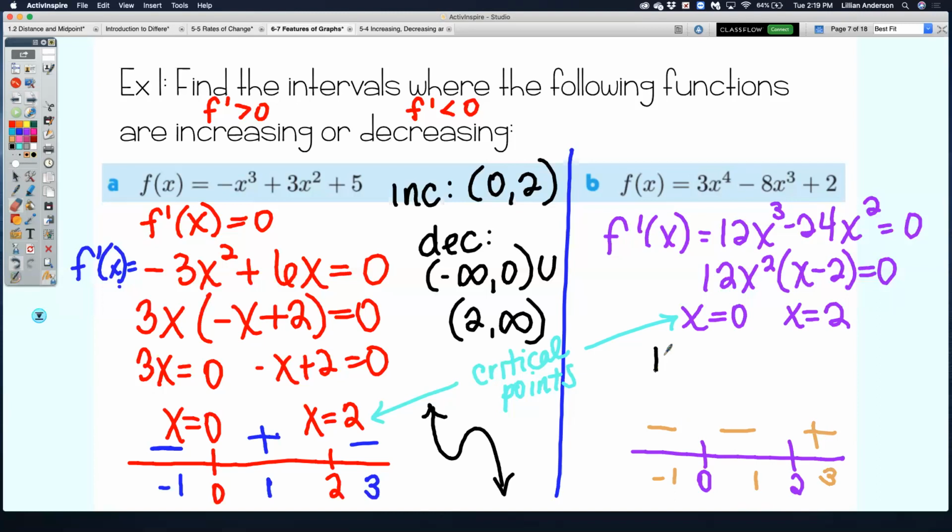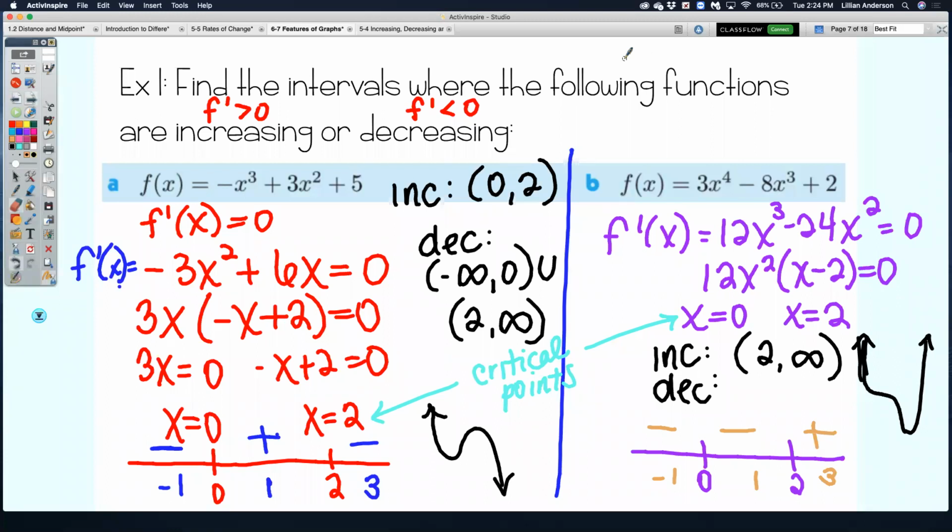So what are my intervals of increasing and decreasing? What about increasing? From what to what? 2 to infinity. Parentheses around both. But what about decreasing?